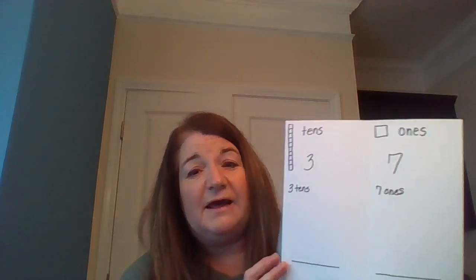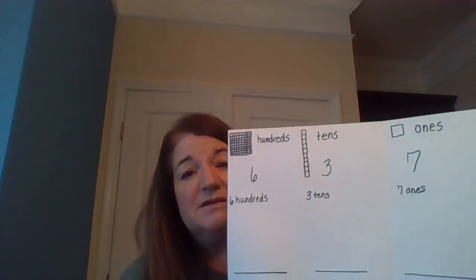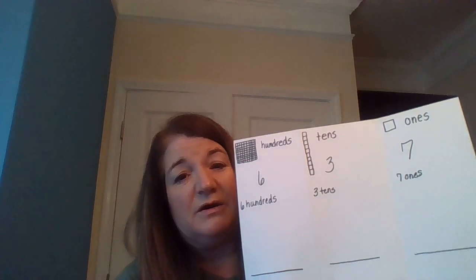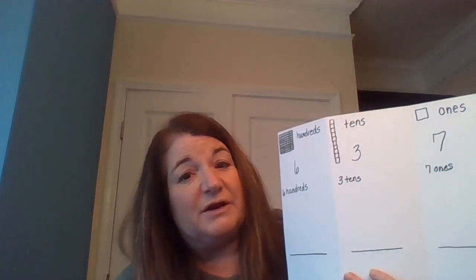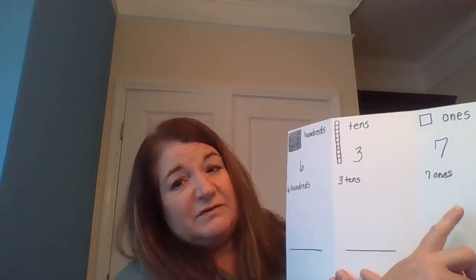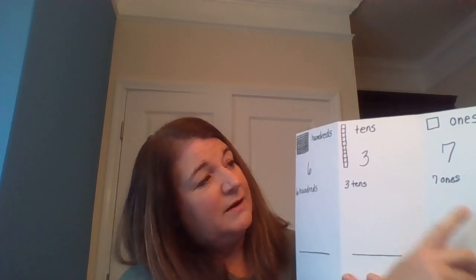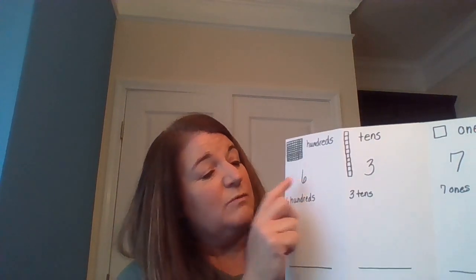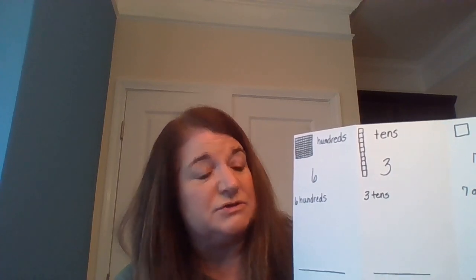So today we're going to bump it up a little bit and we're going to add hundreds. So for hundreds, we know that that is a little bigger value. So if you look, we still have ones. You always start to your right. We still have tens, and now we've added hundreds. When we think of the value of the number in the hundreds place, we have to think of it in terms of how many 100s.